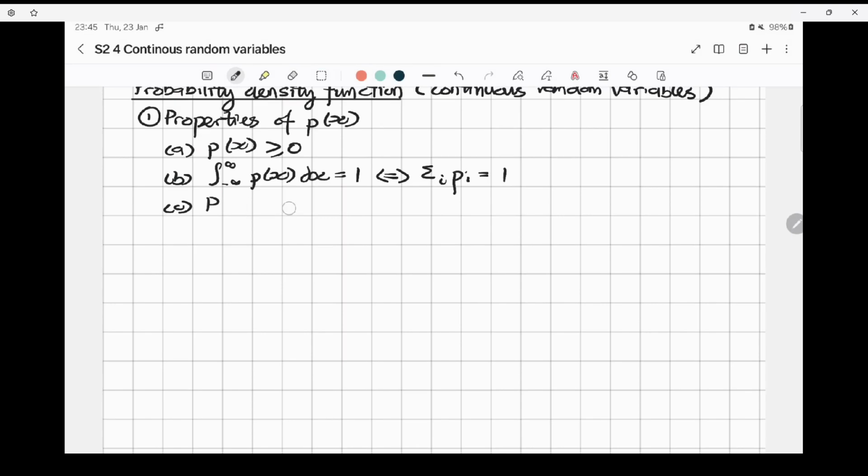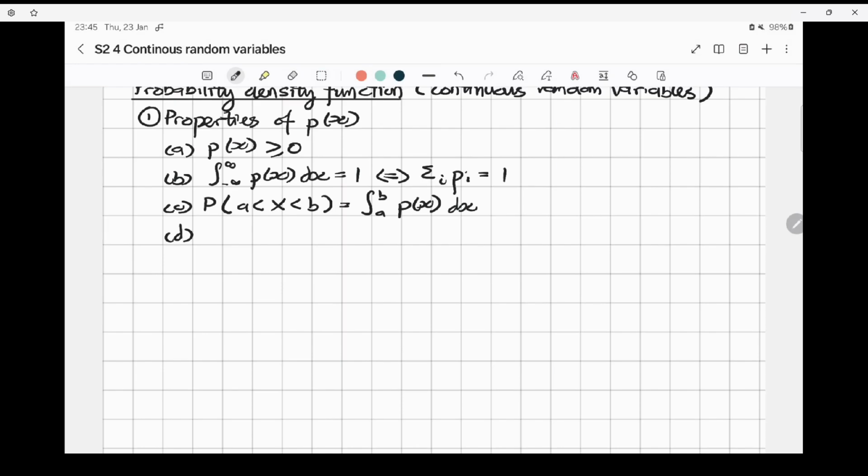So rather I would first define what is happening. If let's say you have x between a and b, this is usually written as integrating your P of x from a to b. This is by definition.